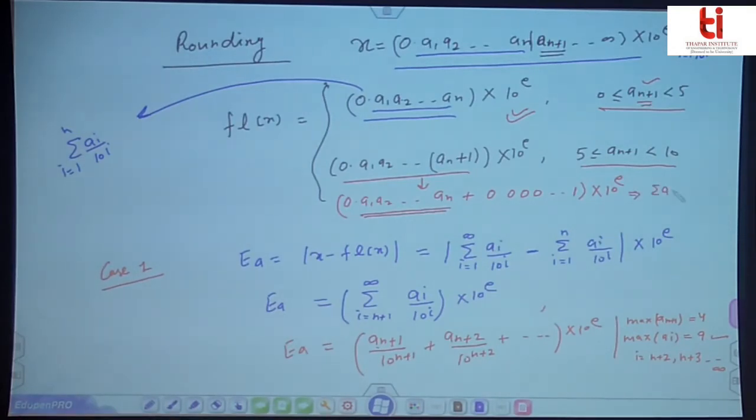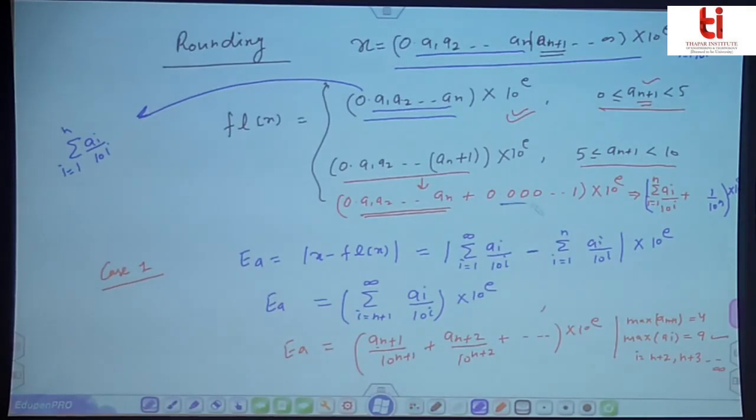Okay, so we can express this as summation of a_i upon 10 raised to power i, i equal to 1 to n, plus, we can write it like that, 1 upon 10 raised to power n into 10 raised to power e.